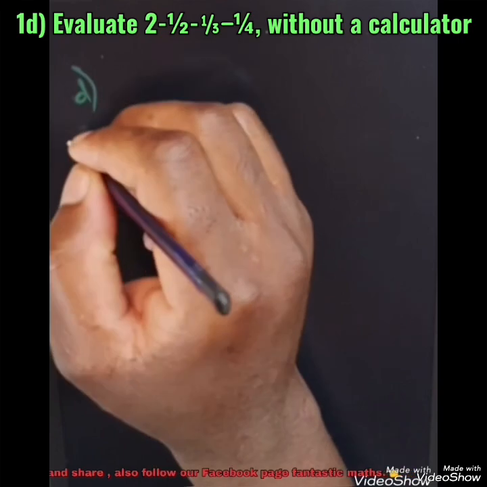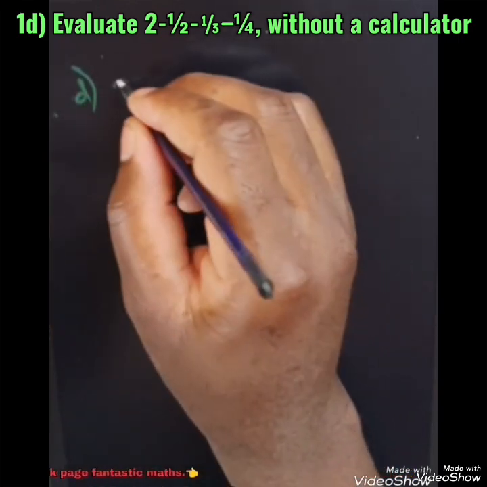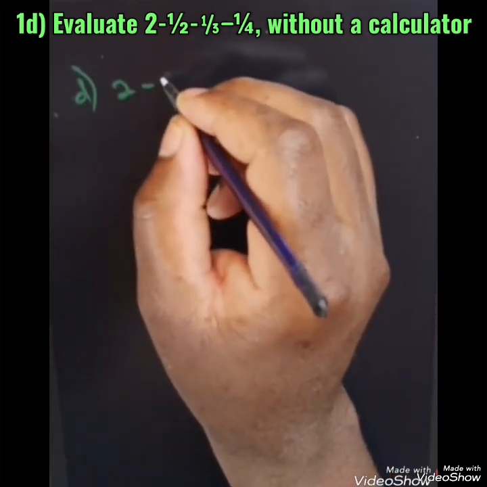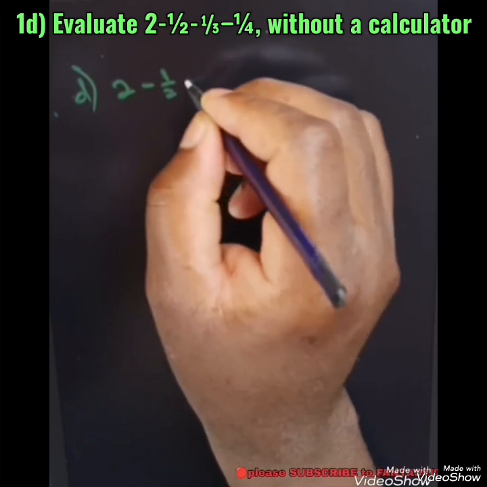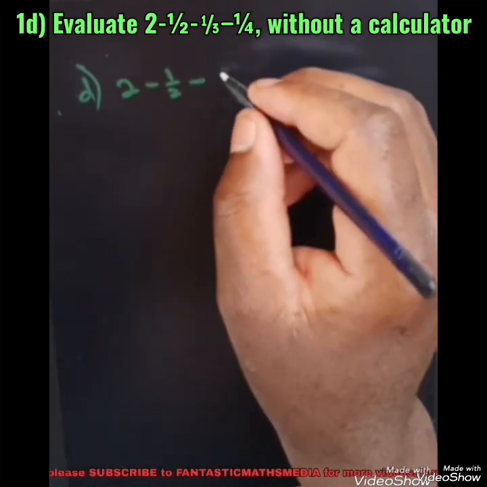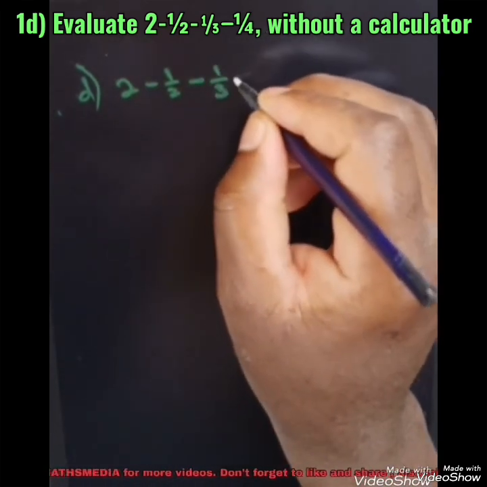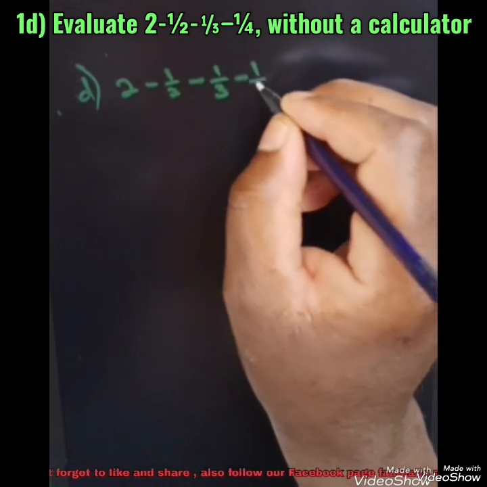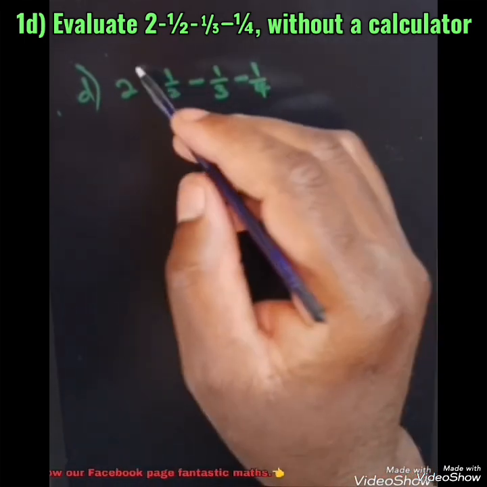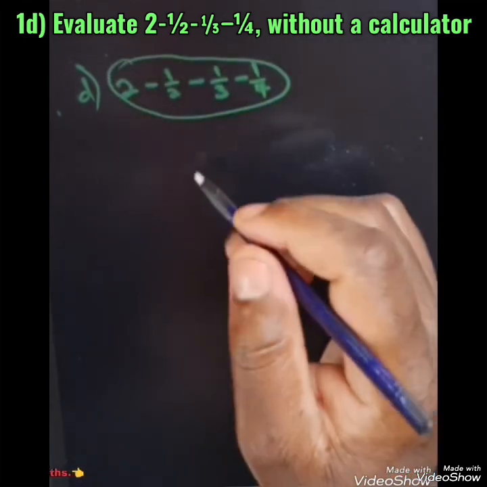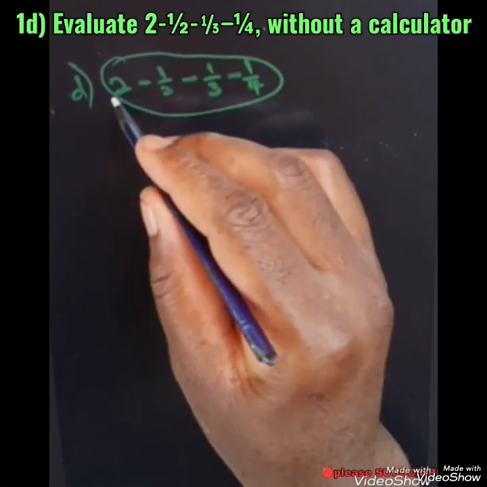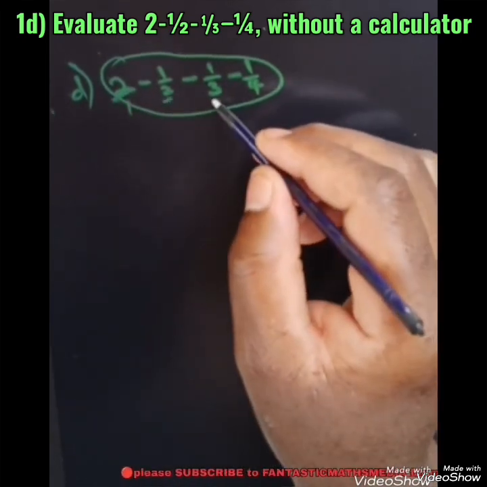Part D reads, evaluate 2 minus a half minus a third minus a quarter without a calculator. Likewise, we also have to solve this without a calculator. The first thing is to find the common denominator for 1, 2, 3, and 4, which is 12.